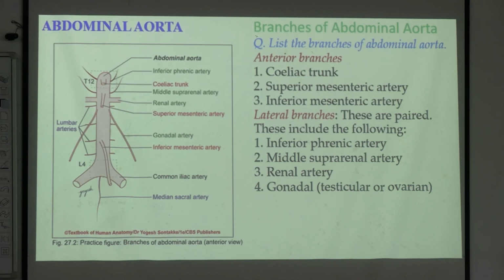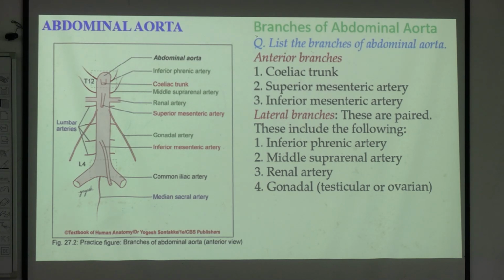immediately don't say 1, 2, 3, 4. Because you might be knowing 3, and you're naming it. I'm just giving you an example. This is the celiac trunk, superior mesenteric artery, inferior mesenteric artery. But when asked what are the anterior branches, then you say 3.